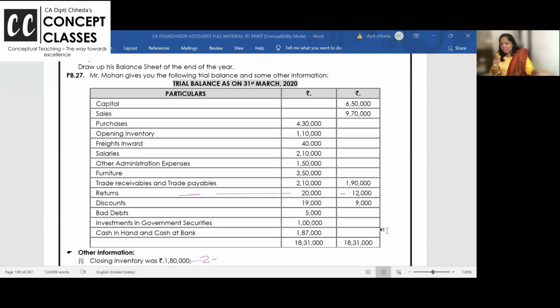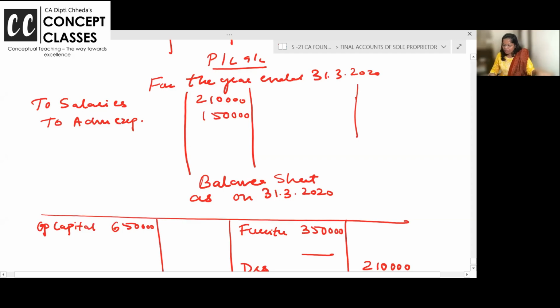So what is the nature of sales return? Debit. So sales return. What is the nature of purchase? Debit. So what is the nature of purchase return? Credit. Sorted? Clear? Students say, ma'am, in the exam I wrote one figure on the wrong side, so my answer went wrong. Right? So you should be very clear about this.